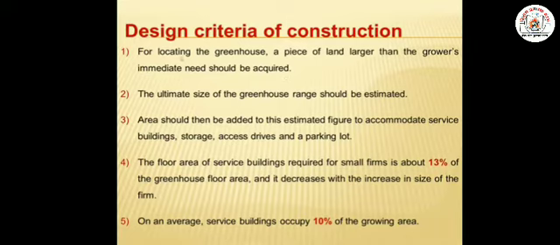Means when locating a greenhouse, the site selection should be done in such a way that the grower can immediately enter into that greenhouse structure. Then next, the ultimate size of the greenhouse range should be estimated. That is the dimensions of the greenhouse structures or overall greenhouse project. Okay, it should be estimated.